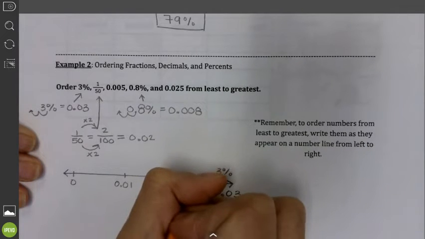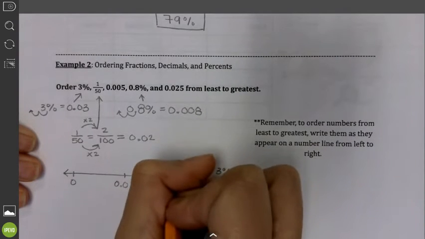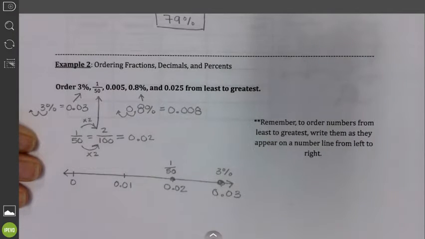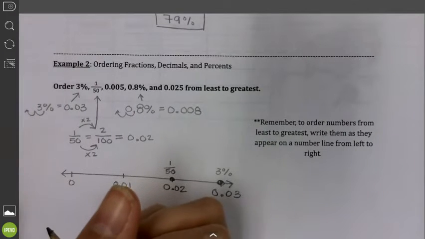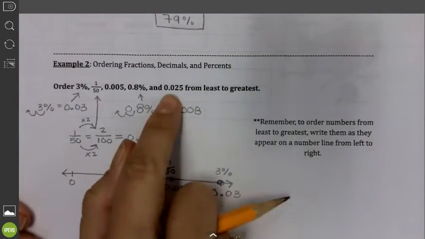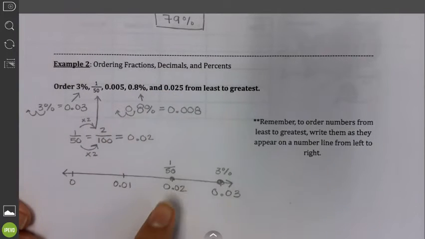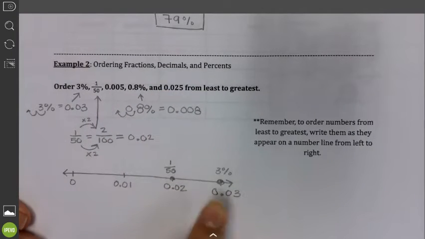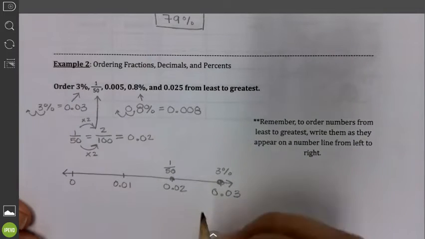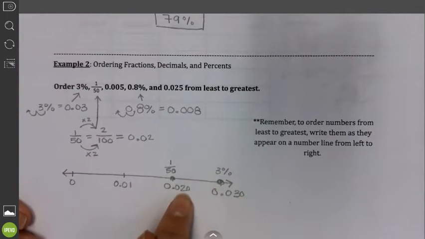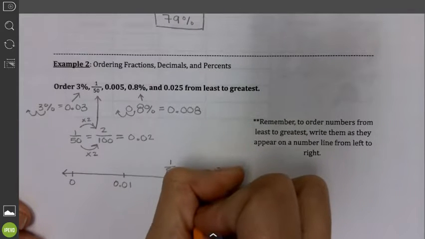I know that 200ths, which was originally the 1/50ths, was another number. I know that 25 thousandths is in between 200ths and 300ths. You can add zeros on the end to see that 25 is in between the 20 and 30 here.